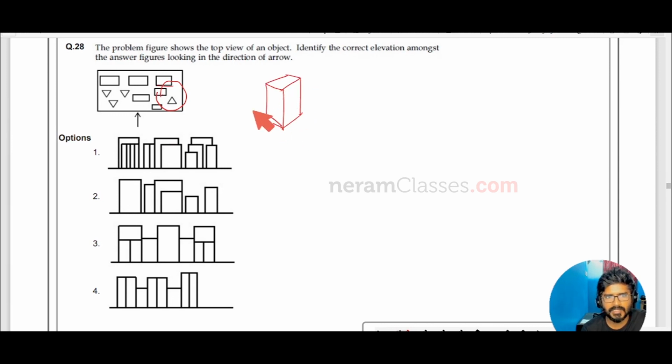If it is standing here, you can see that the center is actually aligned to this. That means it is projected like this, maybe of this length. Okay, if we take it of this length, it will be, sorry, I'll draw it again.